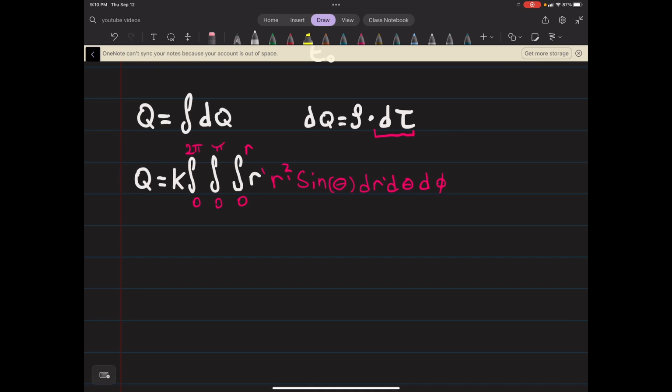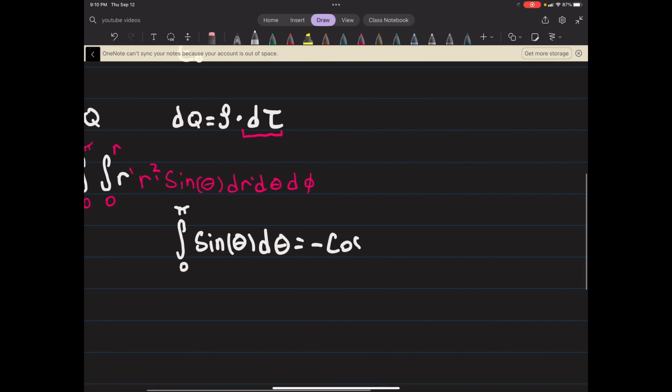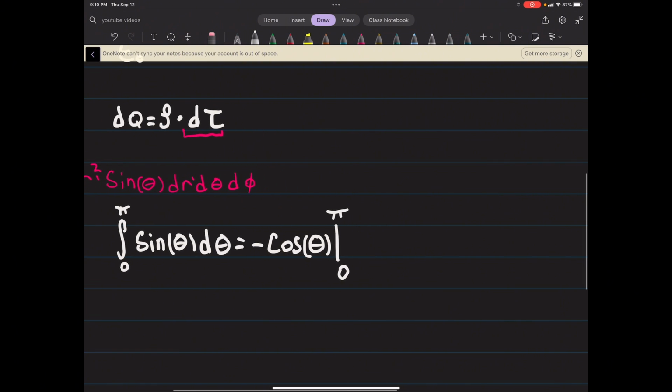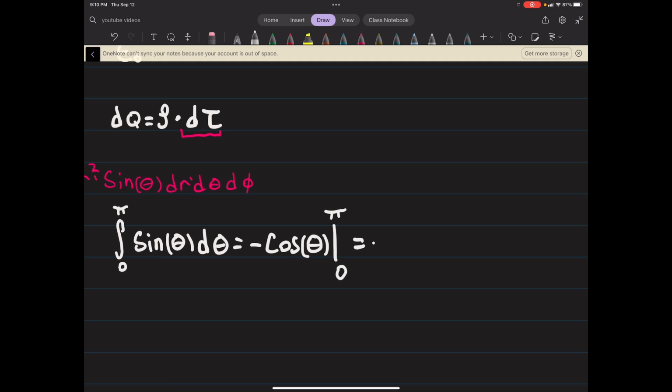So this is a pretty simple integral to do. The integral from 0 to pi of sine of theta d theta is negative cosine theta. I know I've done this before on the channel, but there's a lot of new people now. The semester just started, so I figured this is worth doing.